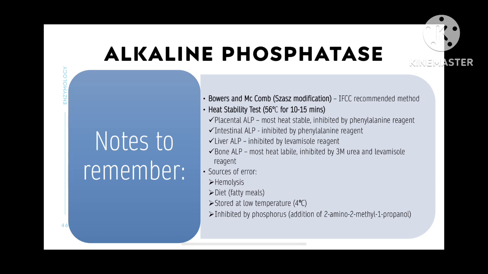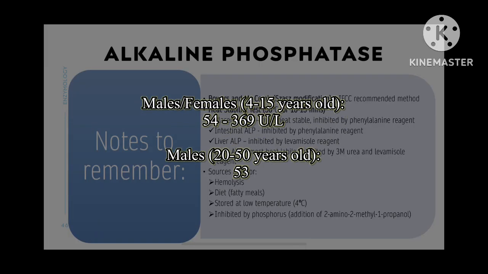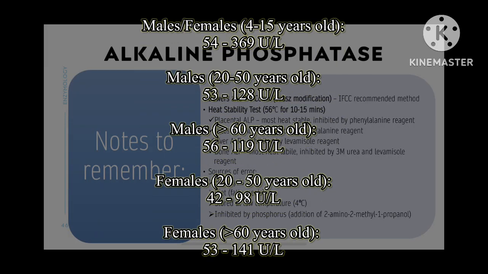Diet may also induce elevations in alkaline phosphatase activity of blood group B and O individuals who are secretors. Values may be 25% higher following ingestion of a high-fat meal. The following values presented are the reference ranges for total alkaline phosphatase levels at 37 degrees Celsius.